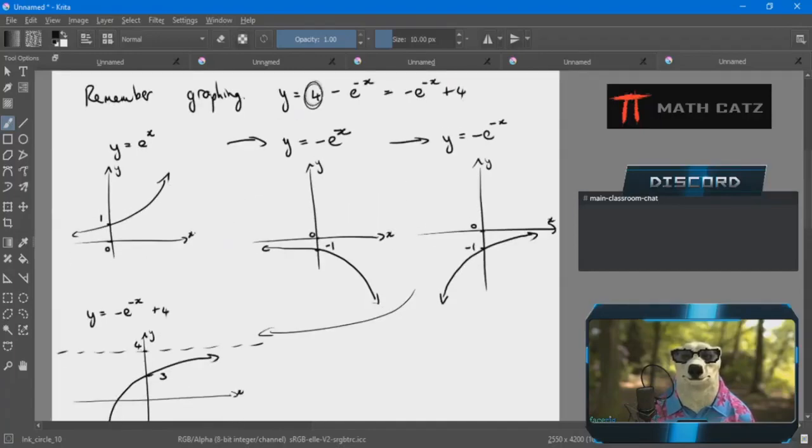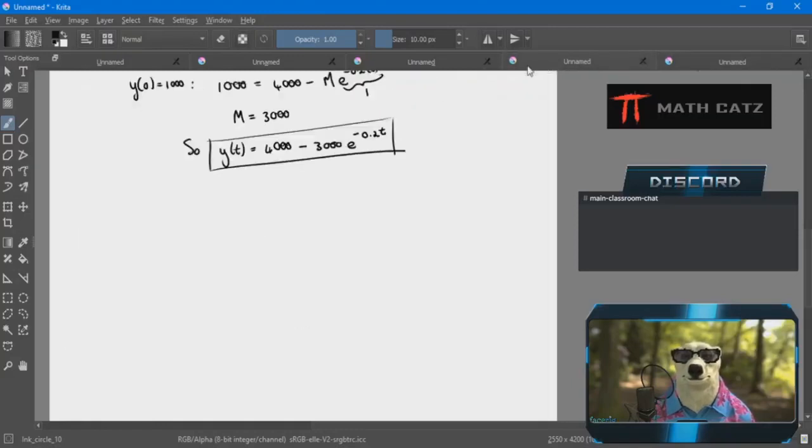So my number that I'm adding is going to be where the horizontal asymptote sits. With my couple of negatives, I'm going to have sort of a backwards up growth of my exponential function towards that asymptote. So we're going to get the following graph.